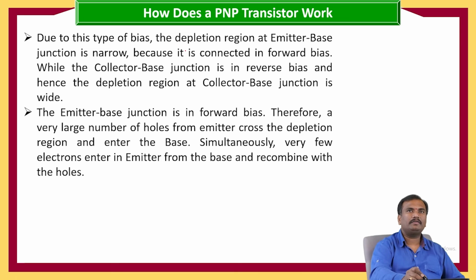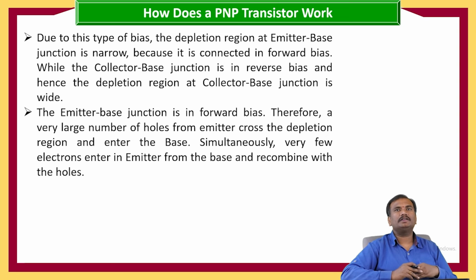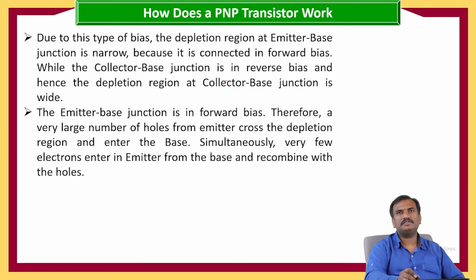Due to this type of bias, the depletion region at the emitter base junction is narrow because it is connected in forward bias. And when the collector base junction is reverse biased, the depletion region at the collector base junction is wide.